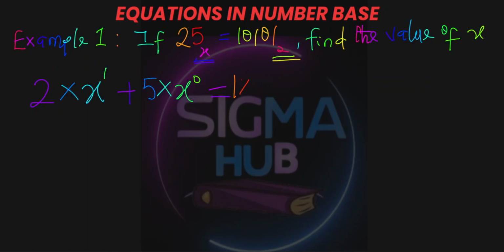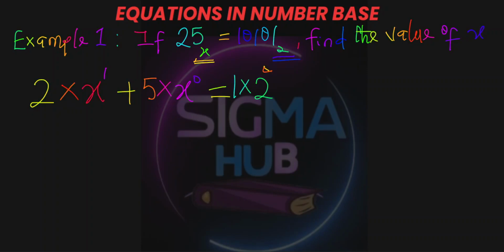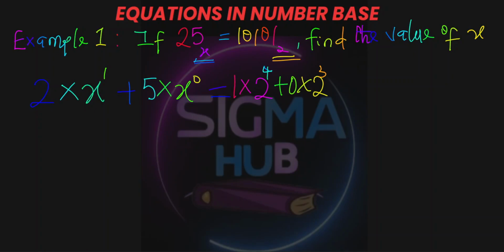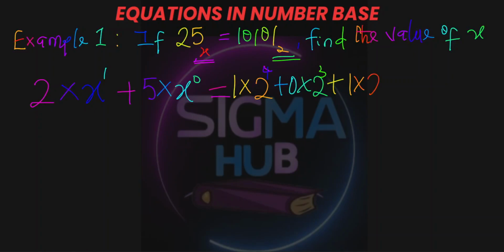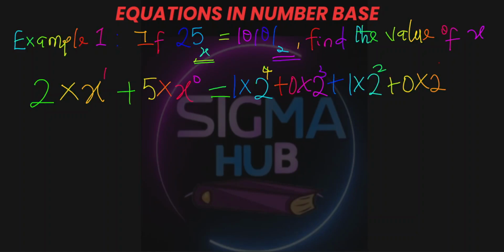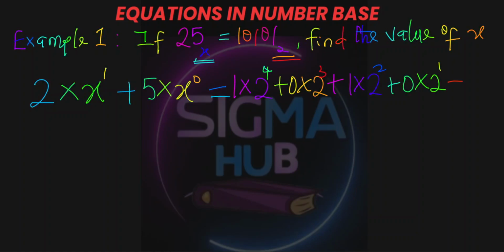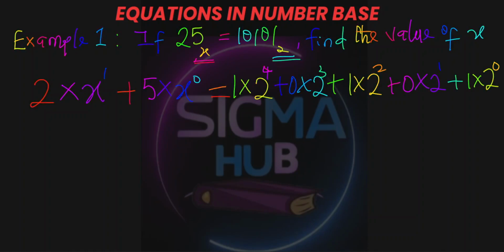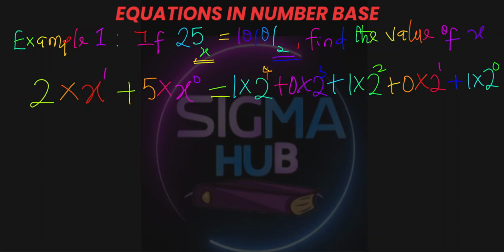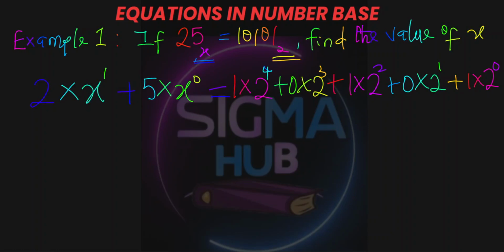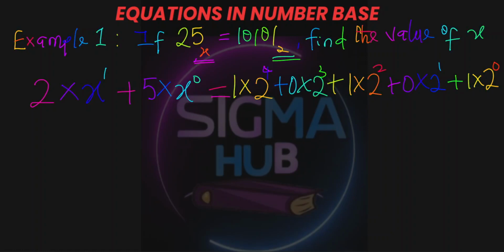That's 1 times 2 raised to power 4, plus 0 times 2 raised to power 3, plus 1 times 2 raised to power 2, plus 0 times 2 raised to power 1, and lastly plus 1 times 2 raised to power 0. If you don't know how to convert to base 10, check my previous videos on conversion to base 10 so that you understand how we go about this.